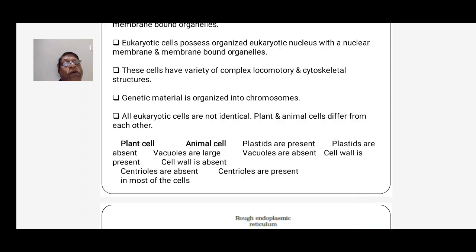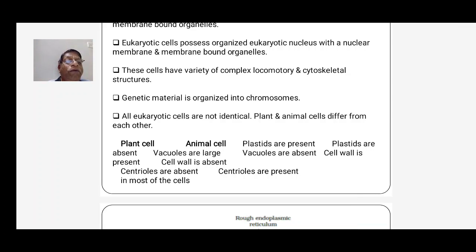All eukaryotic cells are not identical. Just now we have seen the plant cell is a eukaryotic cell. The animal cell is also a eukaryotic cell. So there are many differences between plant and animal cells.